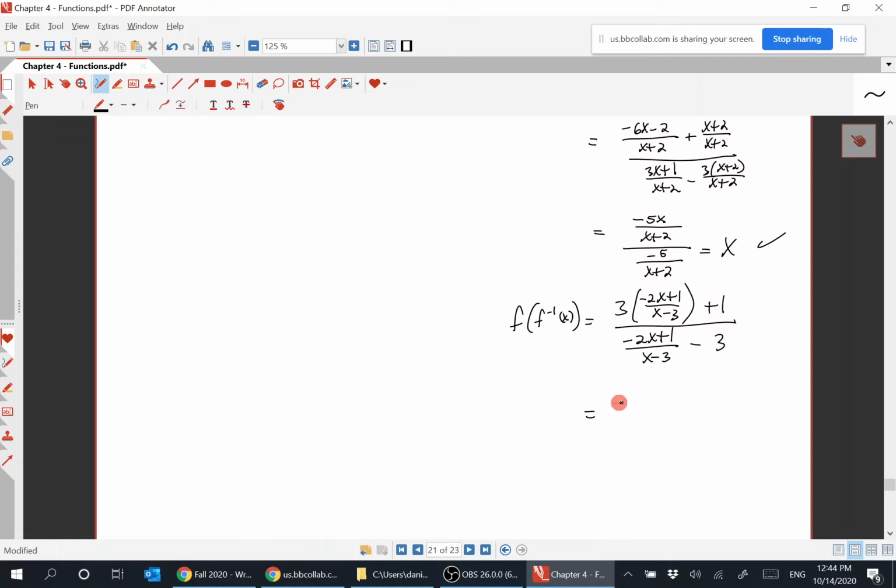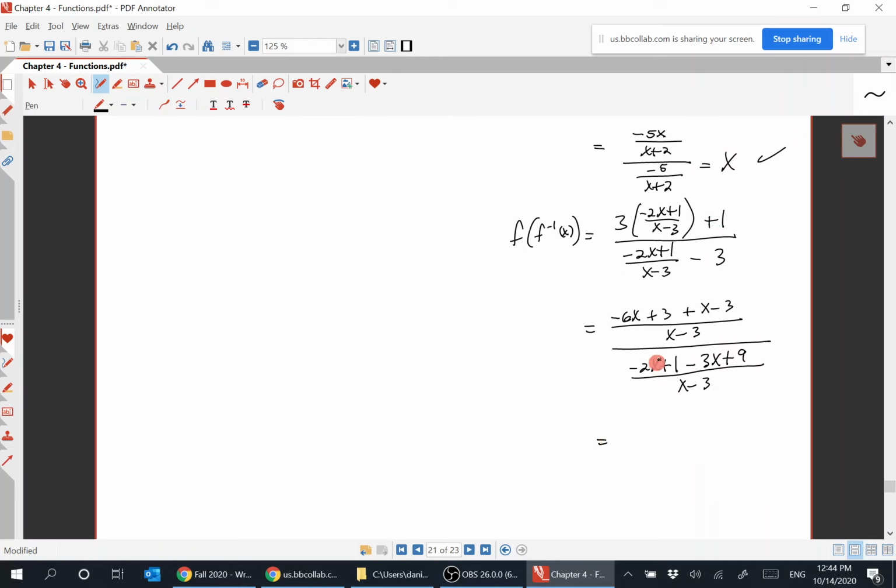So this is equal to (minus 6x plus 3 plus x minus 3) over (x minus 3), and then this is minus 2x plus 1 minus 3x plus 9 over x minus 3. So this becomes minus 5x over x minus 3.